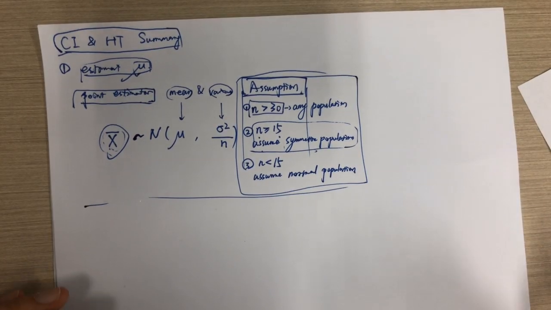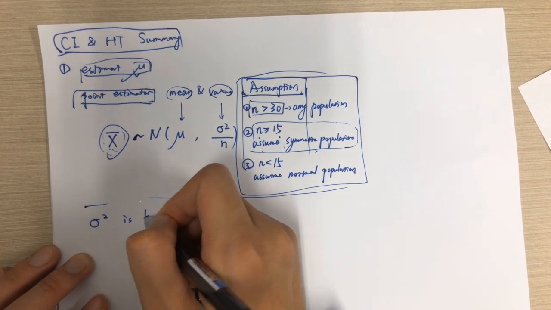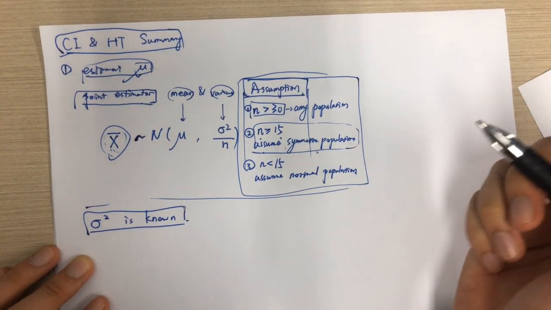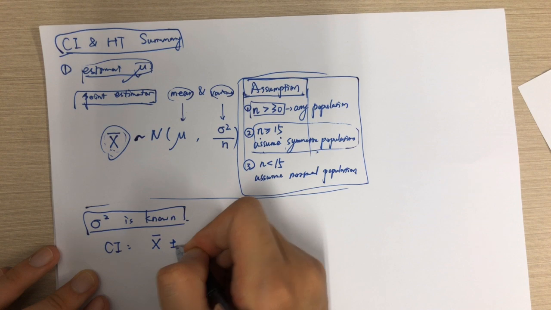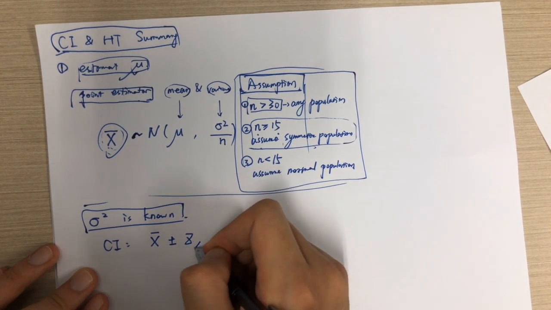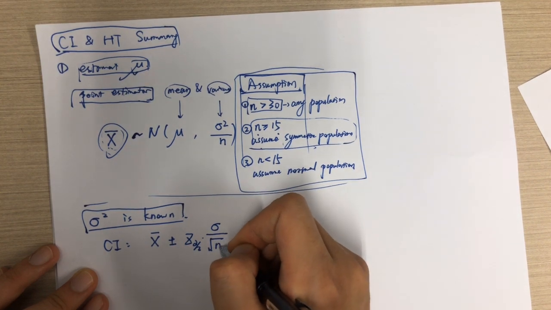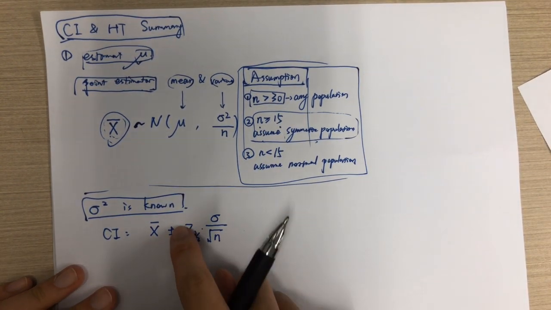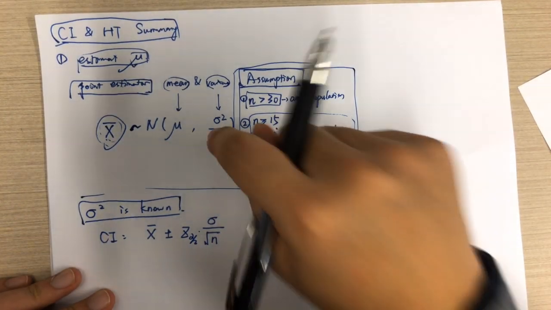The first scenario is when the population variance is known. When the population variance is known, the confidence interval becomes X bar plus or minus z half of alpha times sigma divided by square root of n. So this is pretty much the point estimator plus or minus critical value times the standard error. Standard error comes from the variance.